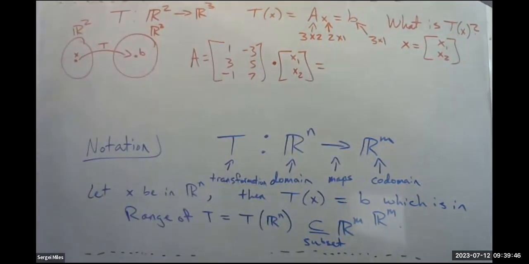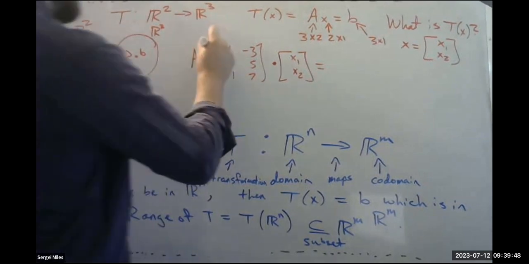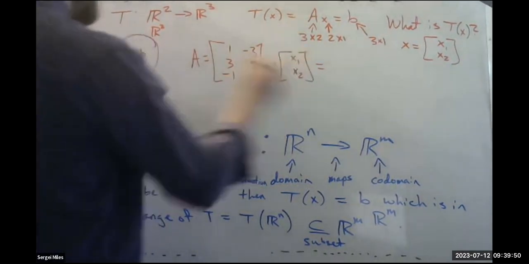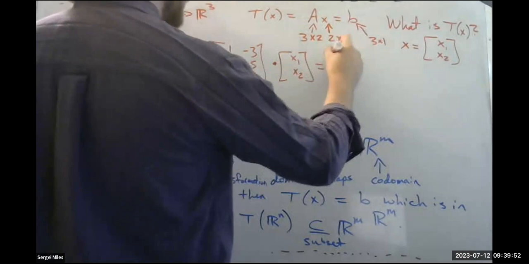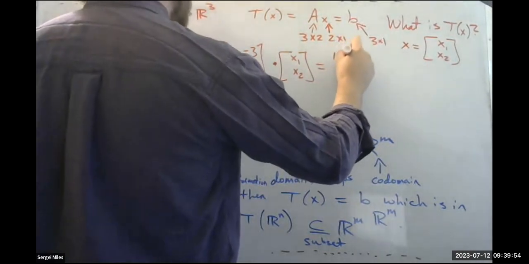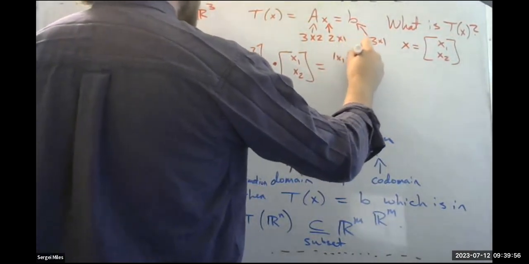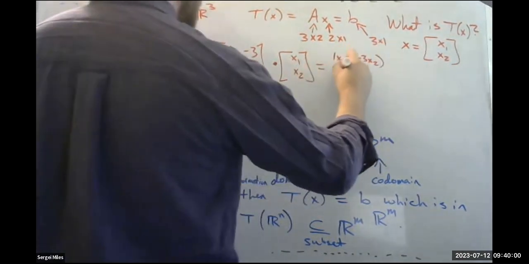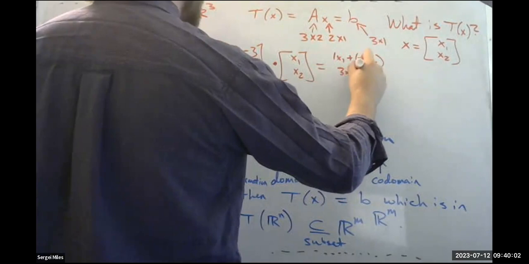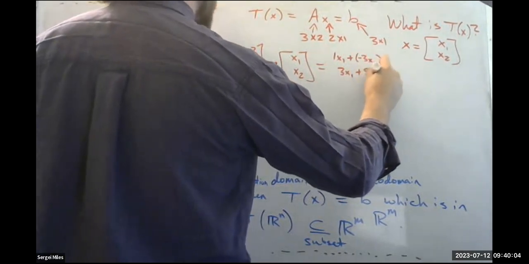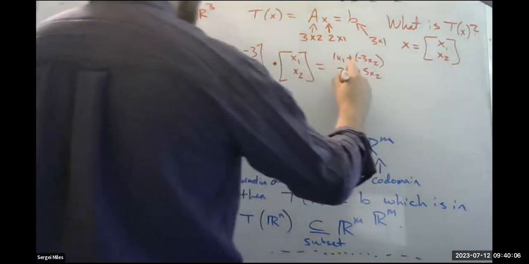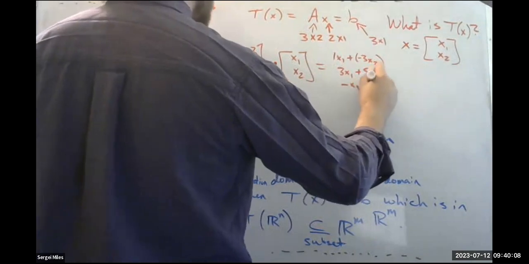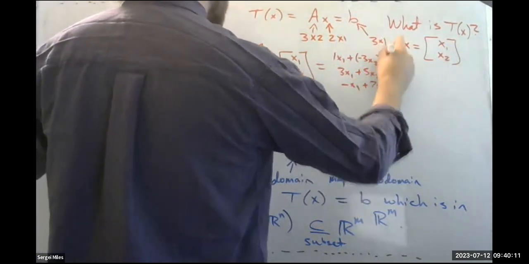So again, I'm going to do the dot product, multiply across the first row down the column. I have 1 times x1 plus -3 times x2, 3 times x1 plus 5x2, -x1 plus 7x2.